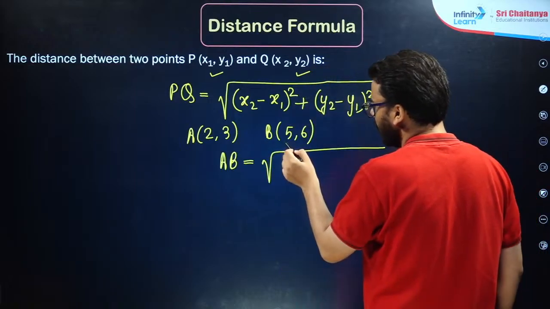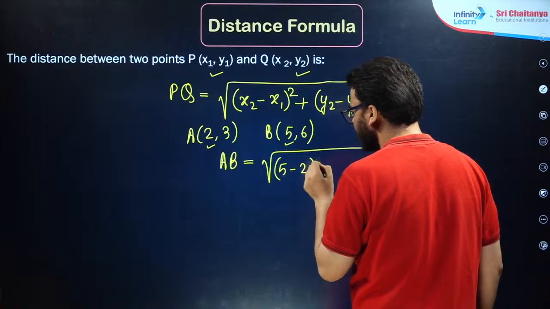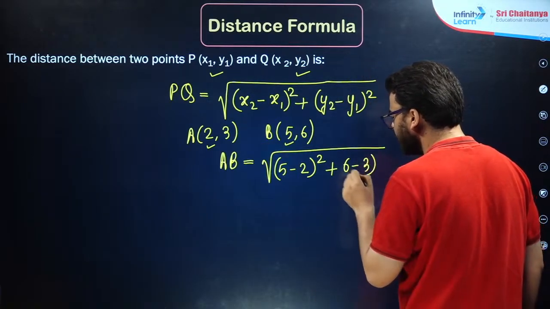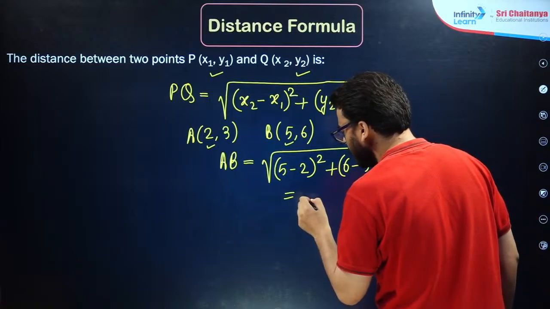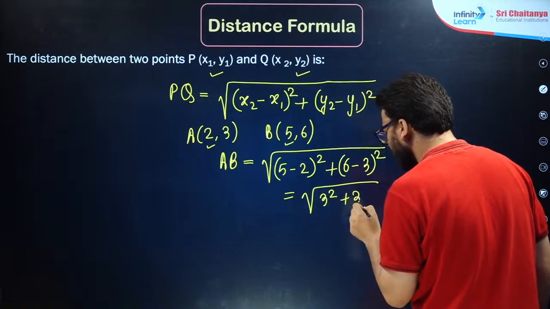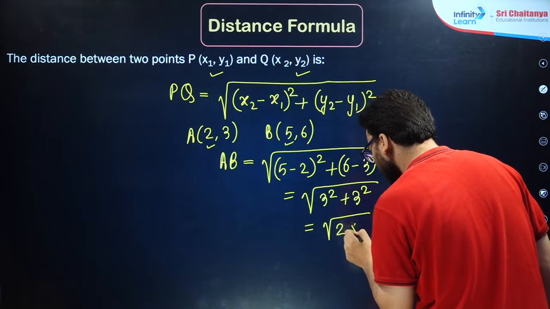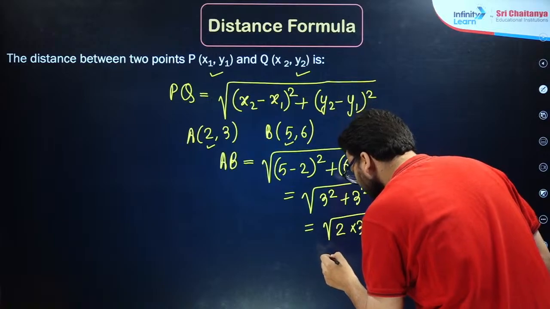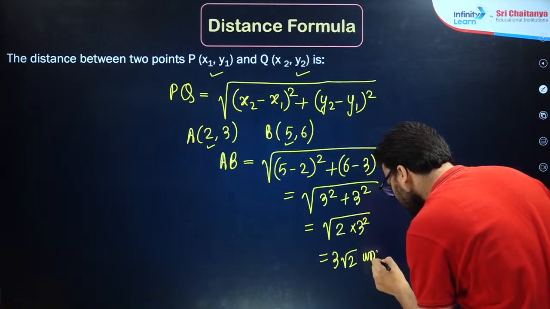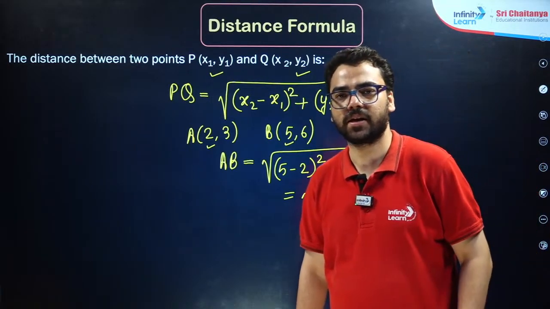Square root of x2 minus x1 the whole square plus y2 minus y1 the whole square. 6 minus 3 the whole square, and that is equal to what? Square root of 3 square plus 3 square. So that is basically, you can write it like this in short, 2 into 3 square. So that will be basically 3 root 2. So the distance over here is 3 root 2 units. That is the distance between these 2 points. I hope it is clear.